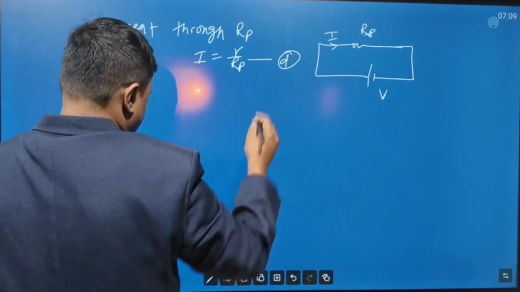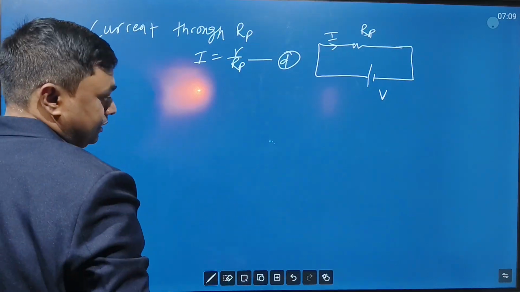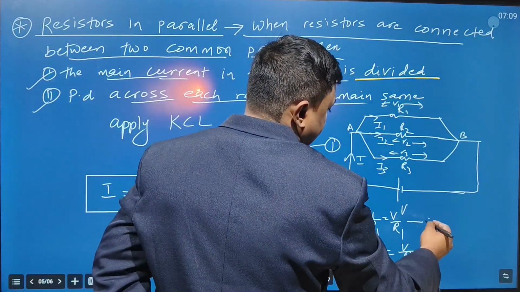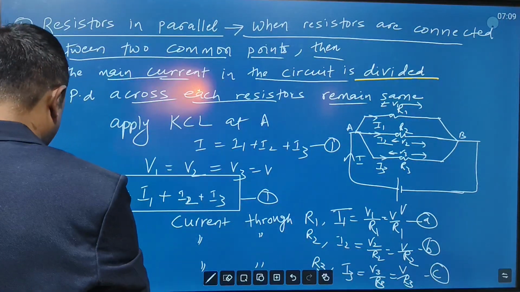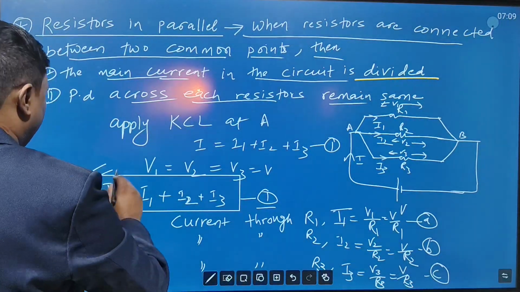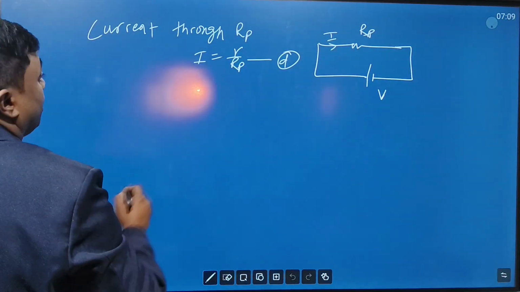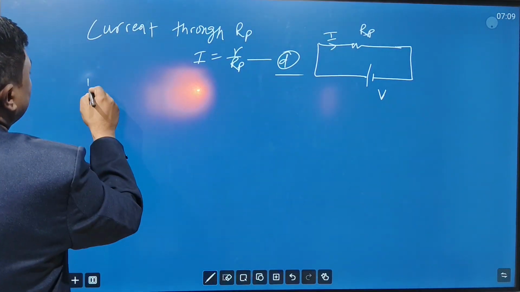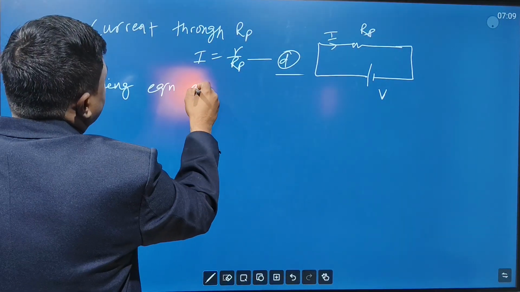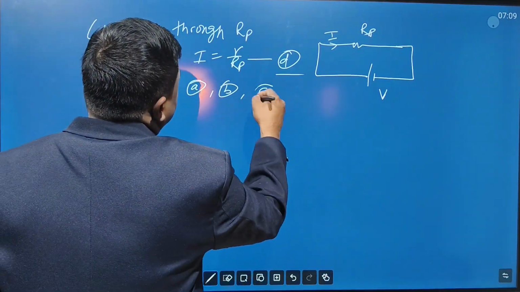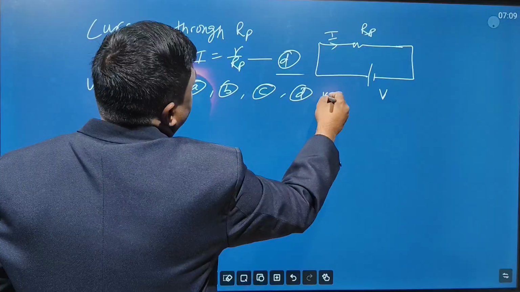Let's call it equation D. You can consider these equations as A, B, C, D, and this was equation 1 only, you have to keep it in mind. So we have to use equations A, B, C, D in equation 1.